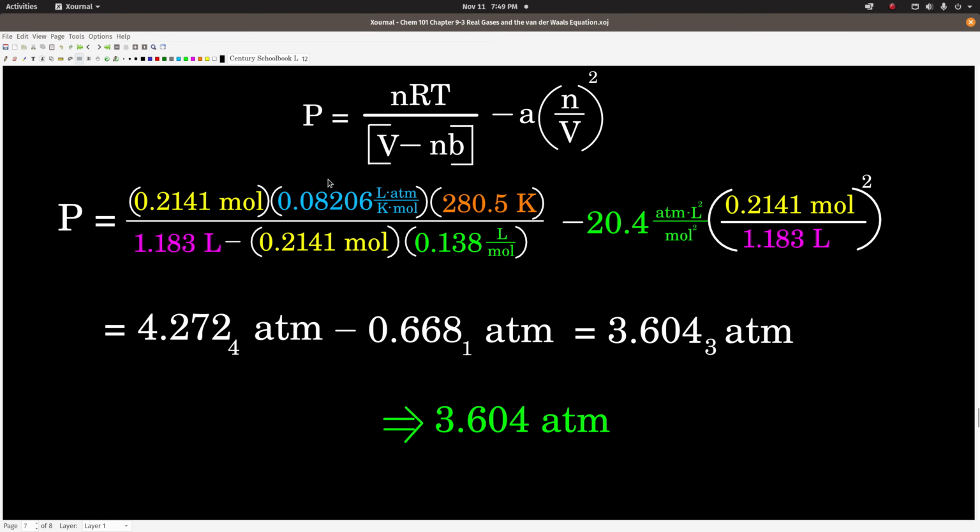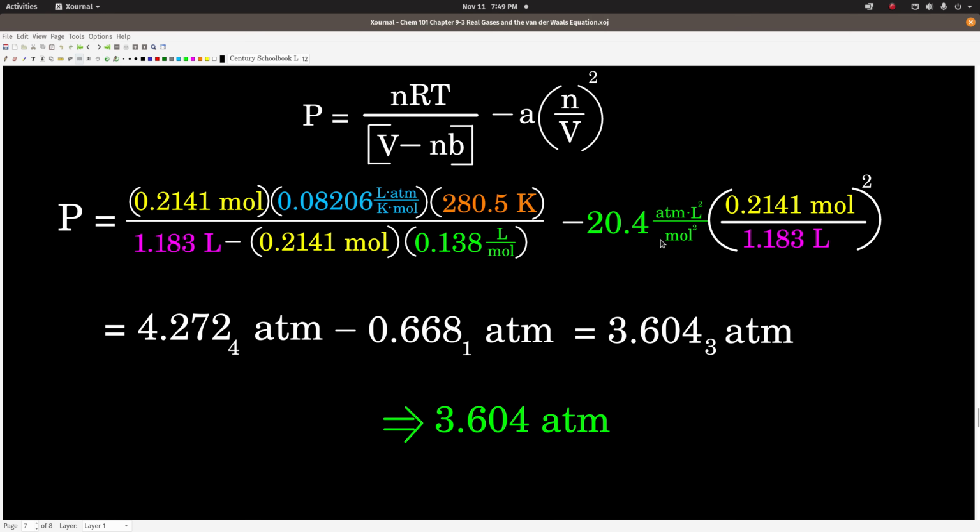And if we look at that, this term here ends up giving us 4.272 atmospheres. That's a little bit larger than we got. I think we got 4.166 atmospheres. So the pressure did increase for this set of conditions for this gas by some, right?